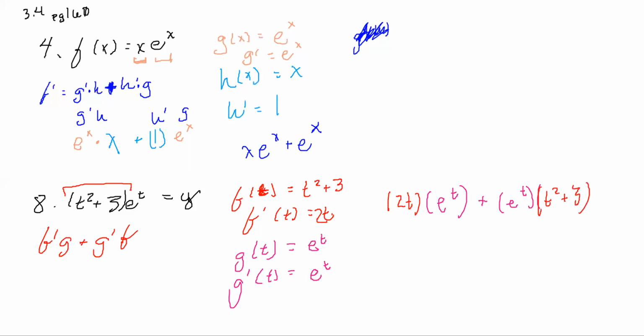So when push comes to shove, my answer is going to be 2t e to the t plus e to the t times... oh, that's wrong. T squared plus 3. And that's my answer.